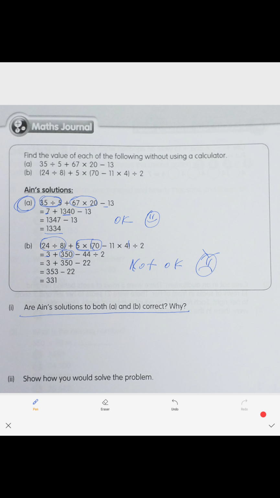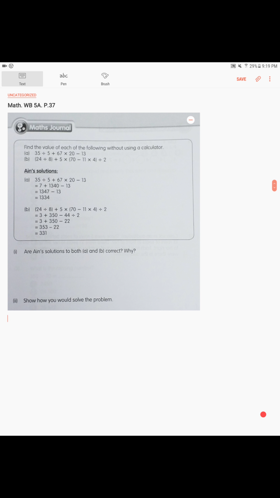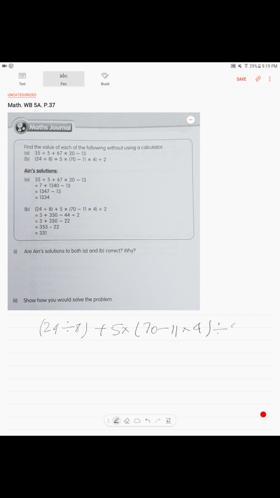So basically they're asking us, how would I solve the problem? This is how I would solve the problem: 24 divided by 8, brackets, plus 5 times 70 minus 11 times 4, divided by 2.